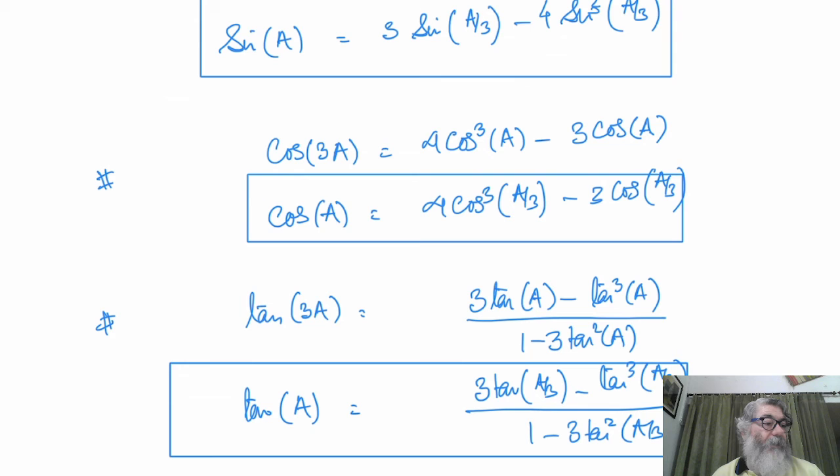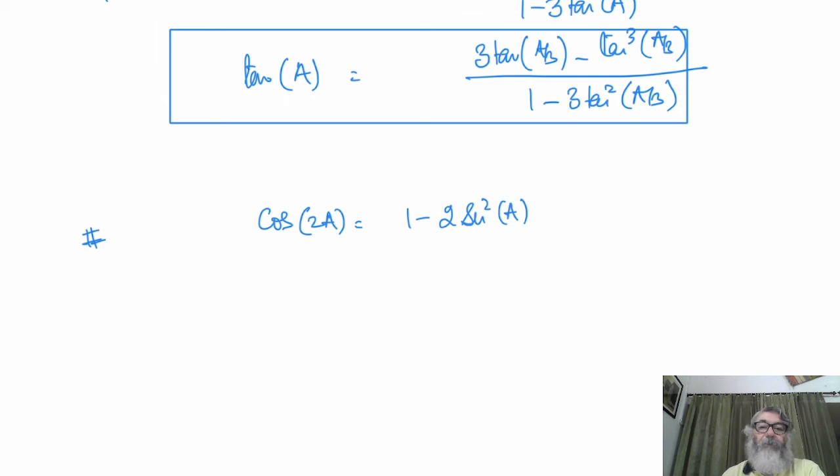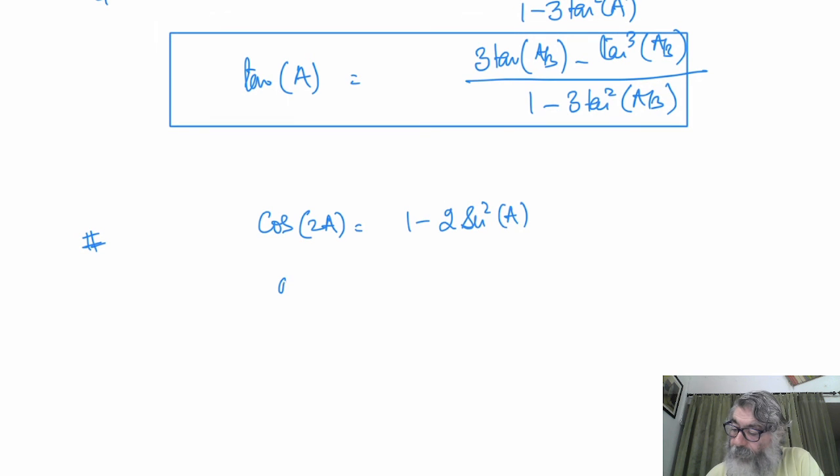There are some more formulas. Cos 2A was 1 minus 2 sine square A, or 2 sine square A will be equal to 1 minus cos 2A.